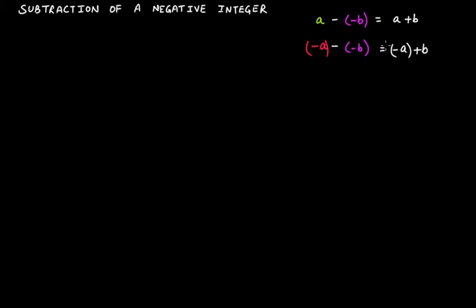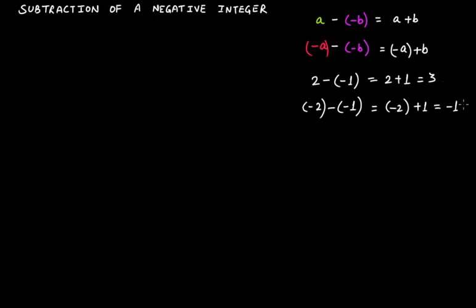So let's say we have 2 and we have minus 2. If we are subtracting from these two numbers, let's say minus 1, then this will be 2 plus 1, this will be minus 2 plus 1, this will be 3, and this will be minus 2 plus 1 will be minus 1.